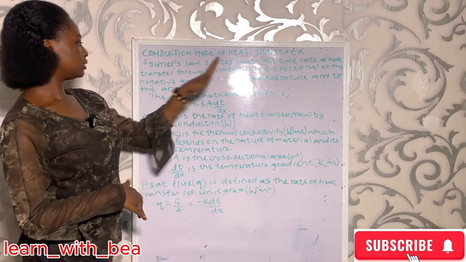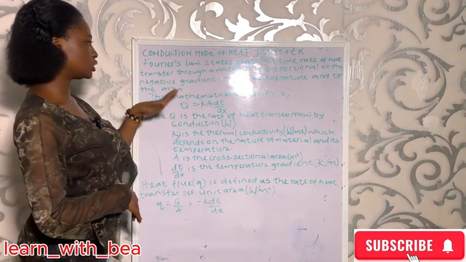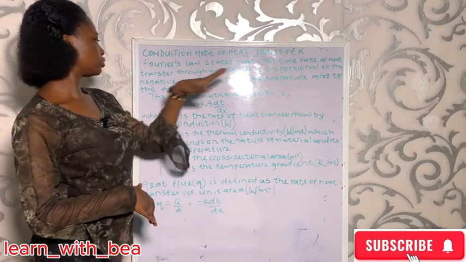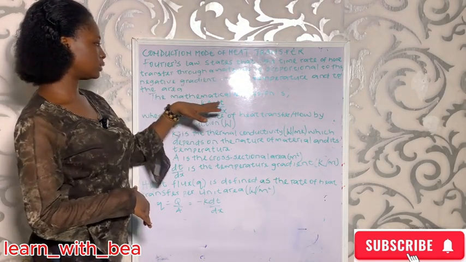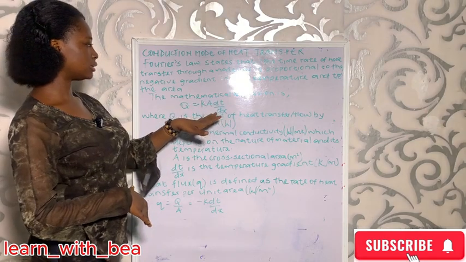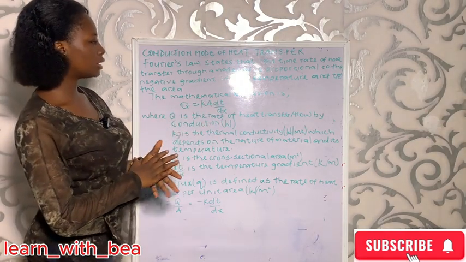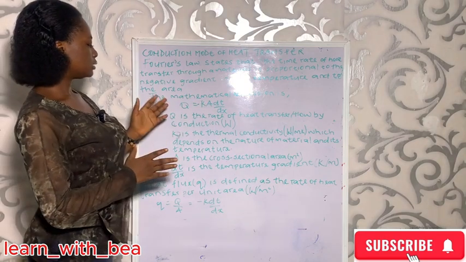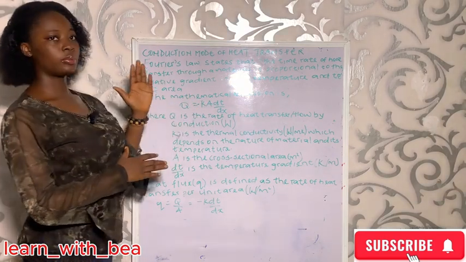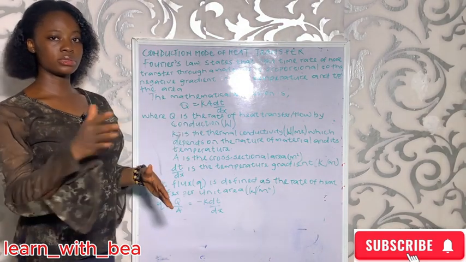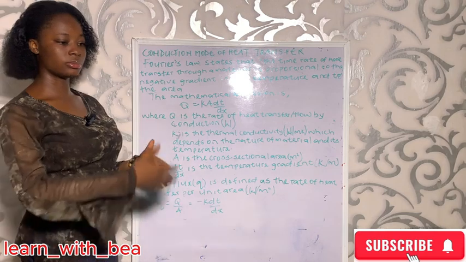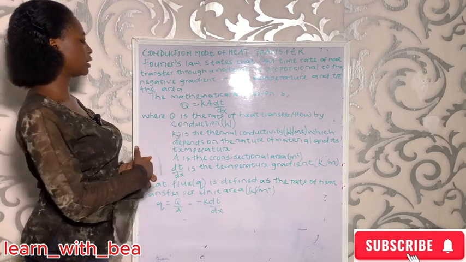The time rate, which is Q, of heat transfer through a material is proportional to the negative gradient, that means dT over dx, in the temperature and the area A. We have the negative because temperature decreases across the heat flow. So that's why we have our negative.